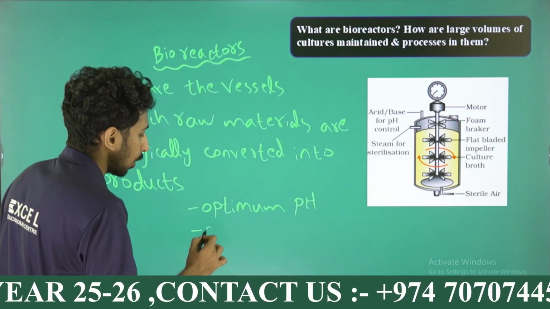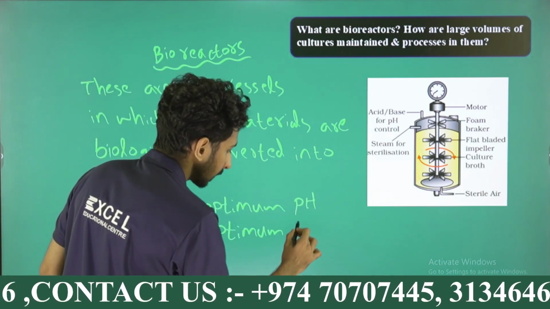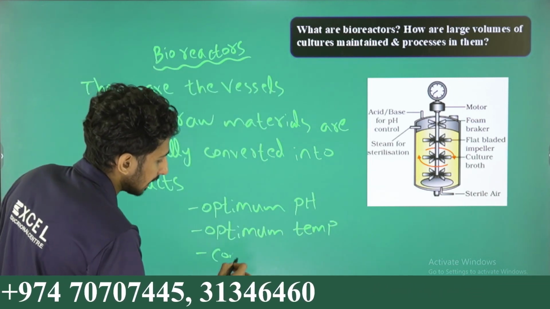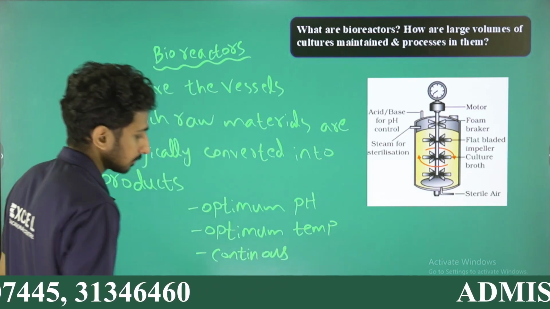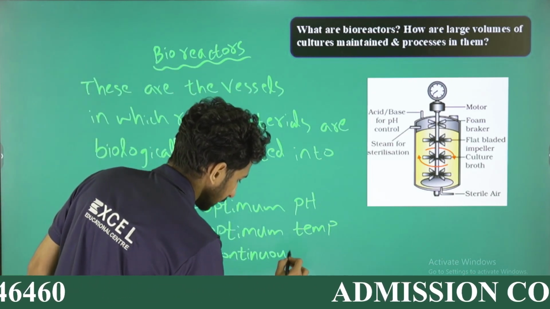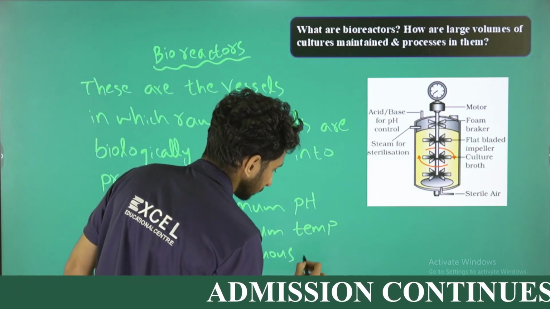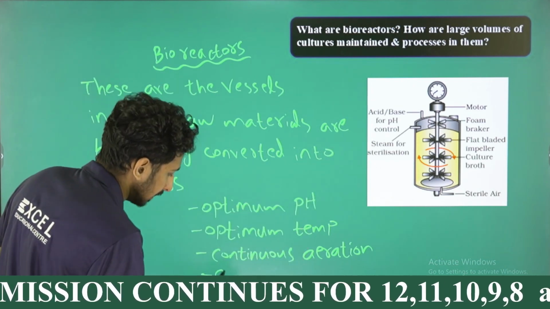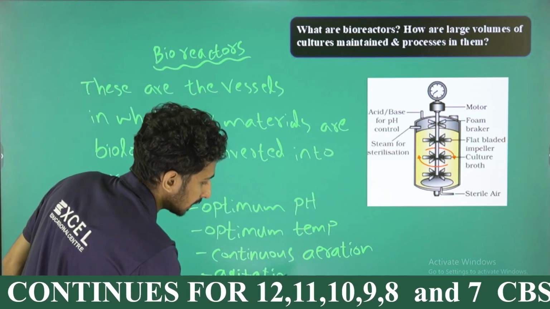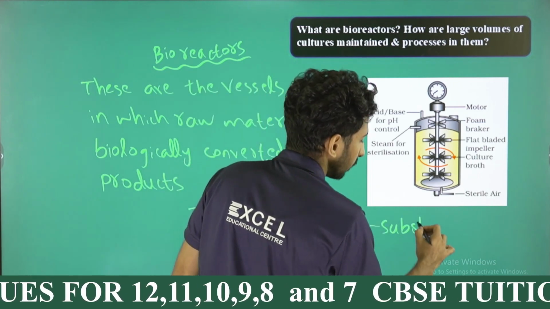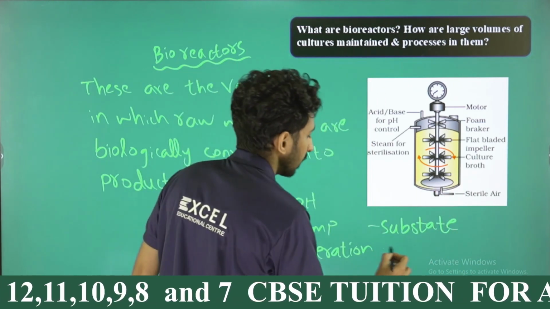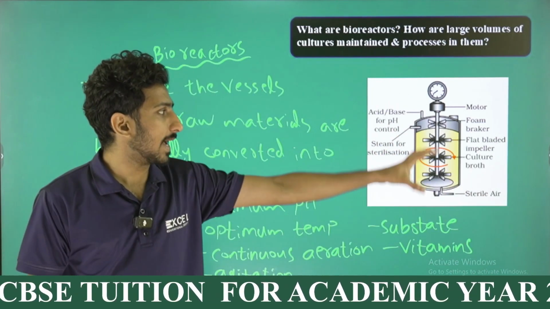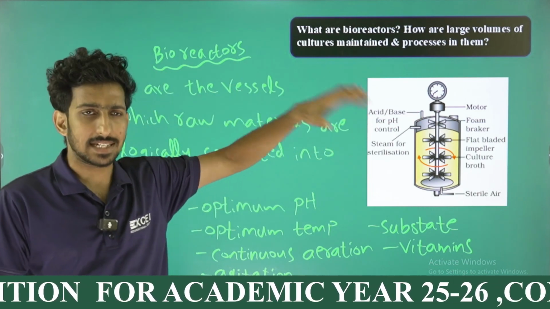They need optimum temperature, and continuous aeration, constant agitation, substrate to grow, vitamins, etc. The bioreactor provides optimum conditions for the bacteria to grow.